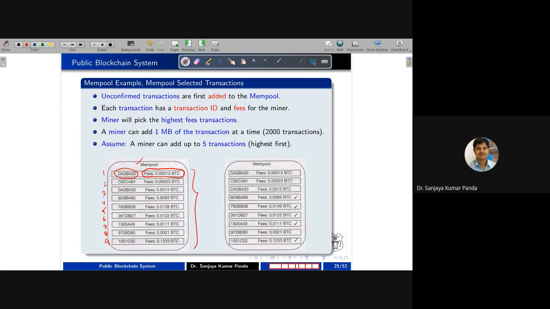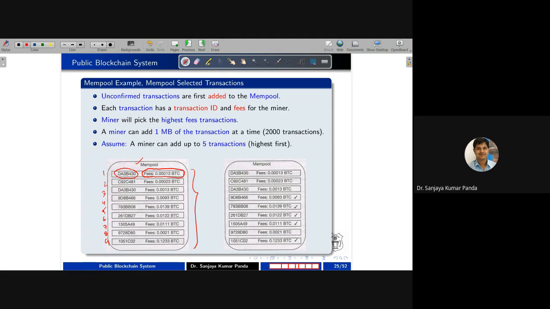Because the miner has to pick the highest fee transaction. Please look into this mempool and identify out of these 9 transactions which one has the highest fee, because the miner will choose this particular transaction first. Quick, anyone from the audience participants?